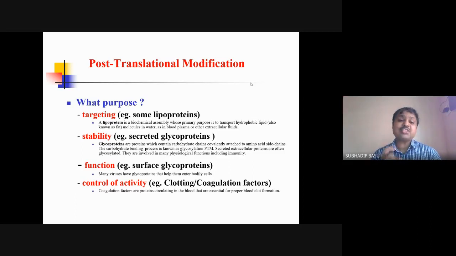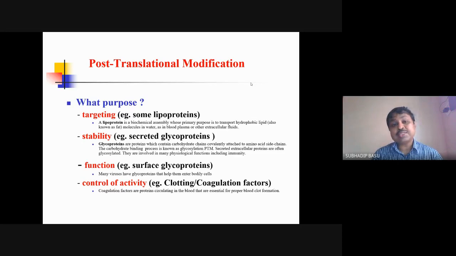So to achieve a specific function, surface glycoproteins are again modified in the post-translational phase. Even several virus proteins are modified to achieve a specific function.